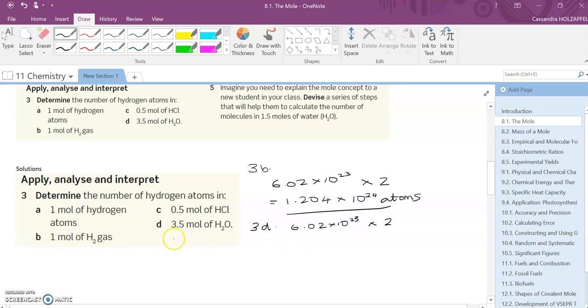And instead of having 1 mole, I've now got 3.5 moles of water. So then, because I've got 3.5 moles, I'm going to multiply that by 3.5. And that's going to give me the total number of particles, which is 4.214 times 10 to the 24 atoms.